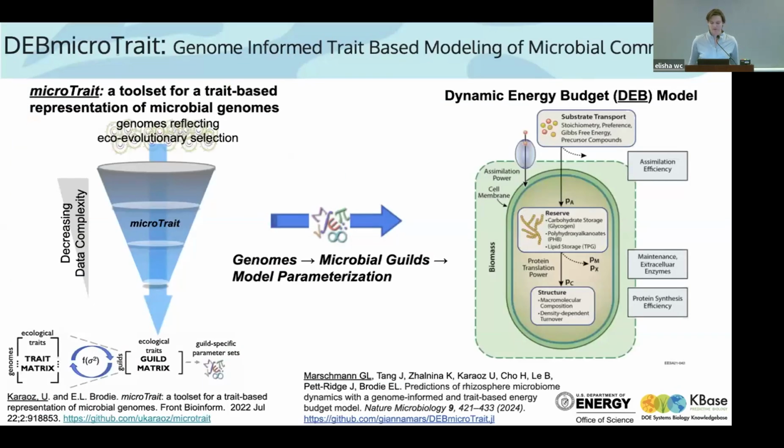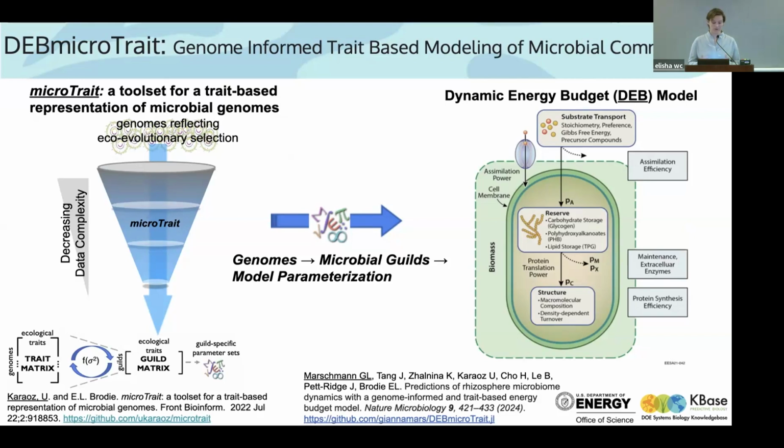But today we'll go over two apps that we're developing for genome-informed trait-based modeling. On the one hand, microTrait, which is a tool set that uses HMM models to infer traits from genomes, and then defines microbial guilds and guild-specific parameter sets.